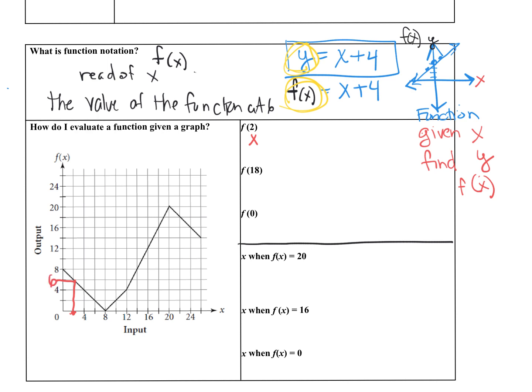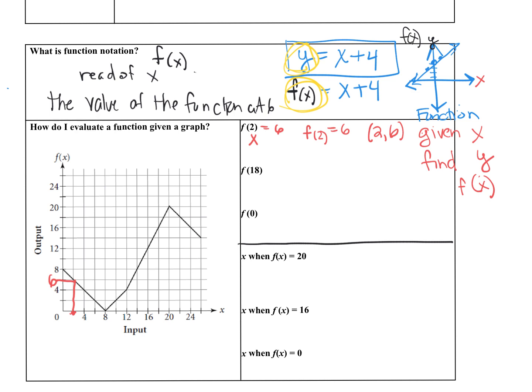So when we read this, the value of the function when x is 2 equals 6. That's our function notation. So our function notation is f of 2 equals 6. We can also write that ordered pair as 2, 6. This is our ordered pair it represents.